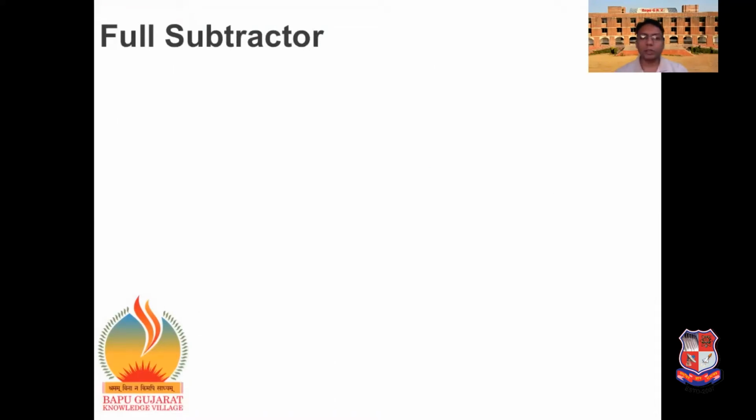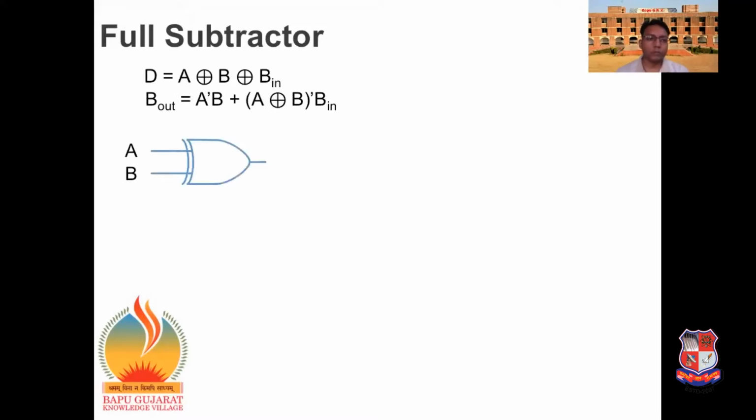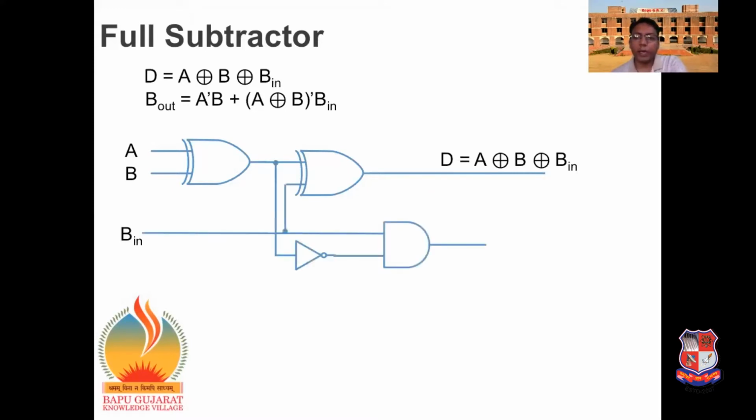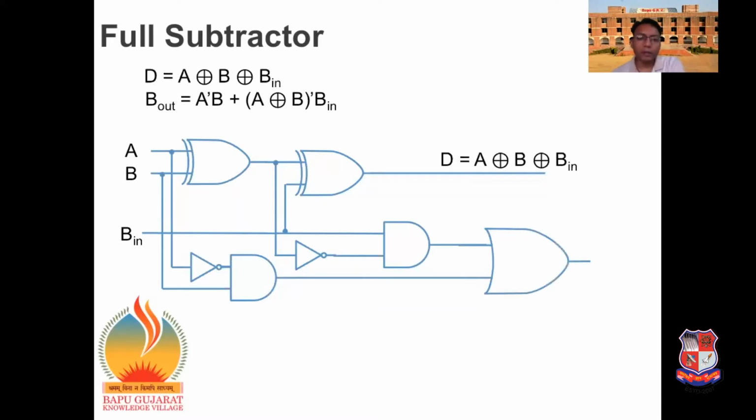So now let's see the diagram of the full subtractor. Here these are the equations for the difference and the borrow out. For the diagram of the full subtractor, first A and B are XORed, then that output is XORed with the B in. It gives the final output, the difference A XOR B XOR B in. Now for the borrow, here we can add the two borrows from the two different XOR gates.